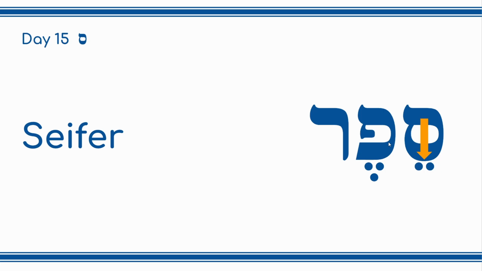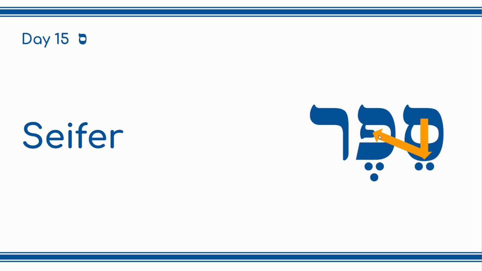Then you look over to the next one and you have the letter fe. This is a Bigad Kafat letter. You will learn it later on. When there is a dot in it, it makes a p sound, as in the letter P. When there is no dot, it makes an f sound, as in the letter F. So you have the letter F here.